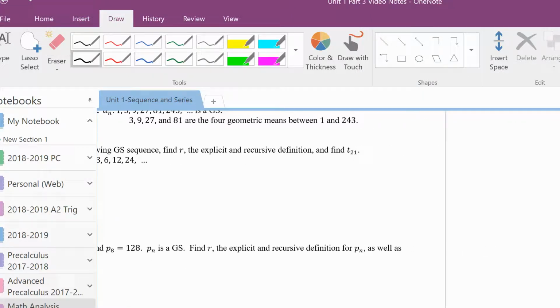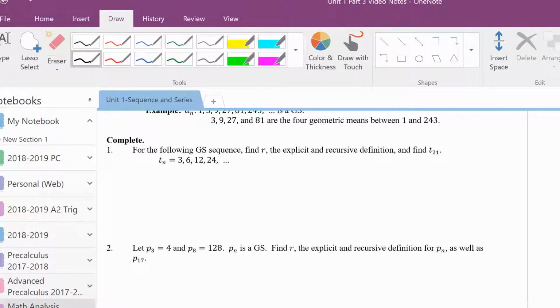For the following geometric sequence, find the ratio, the explicit and recursive definition, and then find the 21st term. First of all, it looks like we're multiplying by 2, so that's the ratio. To find any term explicitly, we take the first term times the ratio to the n minus 1.